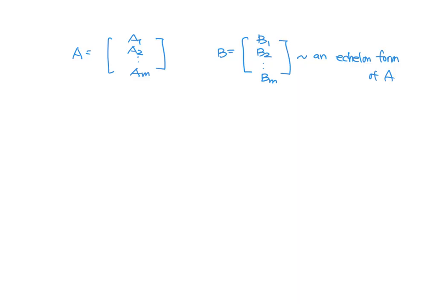Possibly with interchange or scaling or replacement, right? And in a similar way, B2 can be obtained from the rows of A by performing some row operations, right?